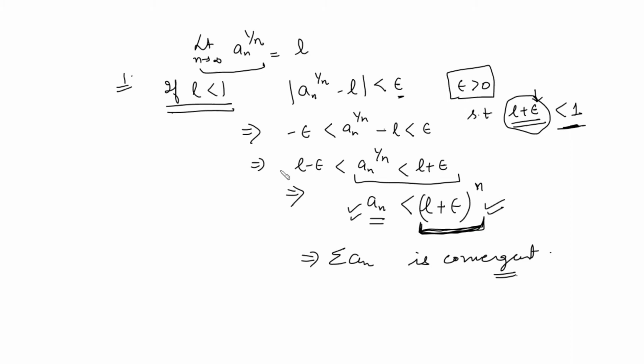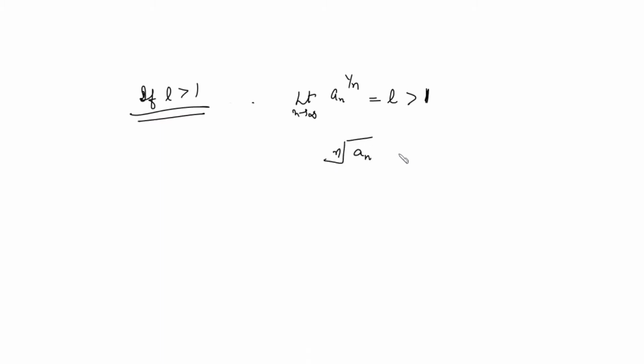Right? Now if your L is greater than 1, then what will happen? If your L is strictly greater than 1, that means this limit, which is L, is greater than 1, right? It means the nth root of this term is basically strictly greater than 1 whenever n is very large, for large values of n, right?